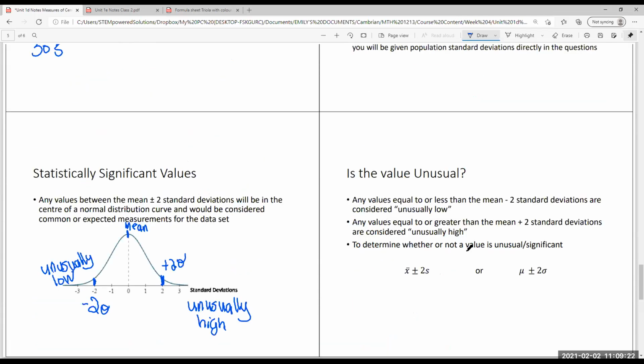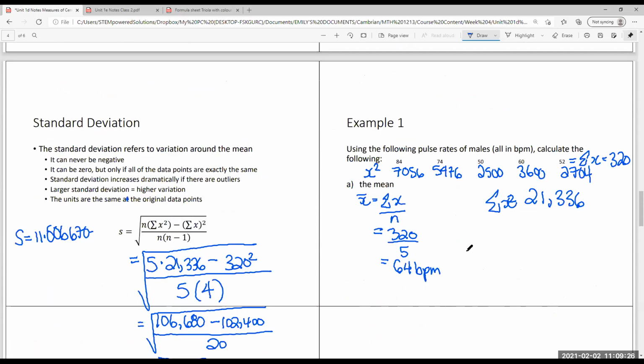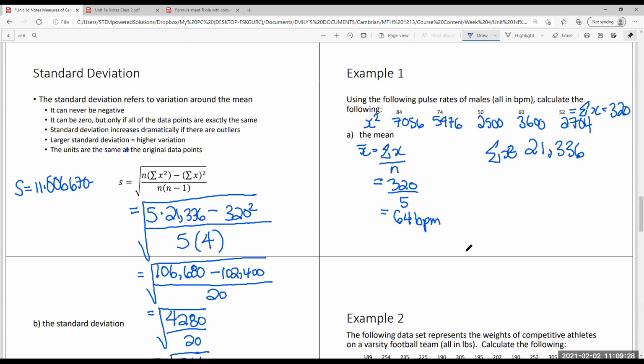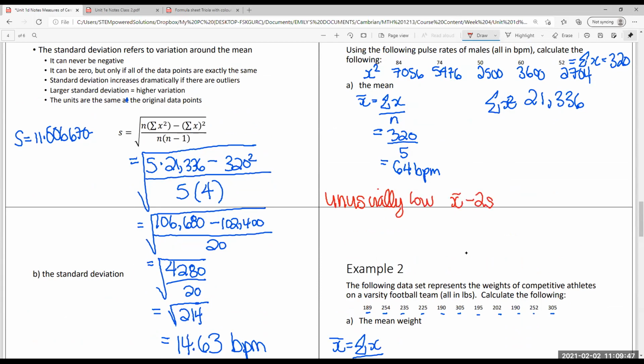Okay, so I'm going to go back up here and we're going to determine what would be considered unusually high pulse rates for males. So what I would do here is I'm going to say anything unusually low would be the mean minus 2 standard deviations.